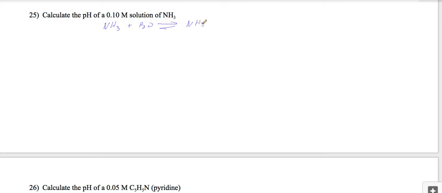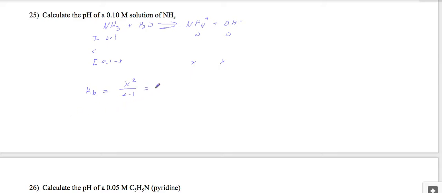NH3, oops, NH4, OH minus. We have our ice table, 0.100, x, 0.1 minus x, Kb. We have x squared over 0.1. We're using the approximation.